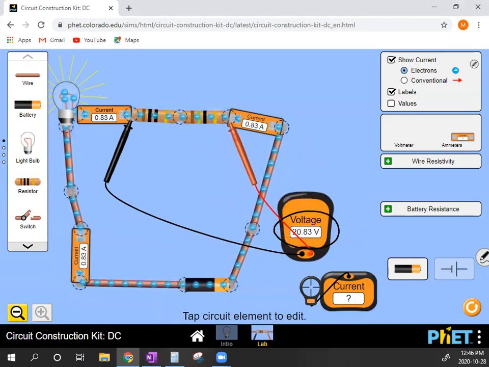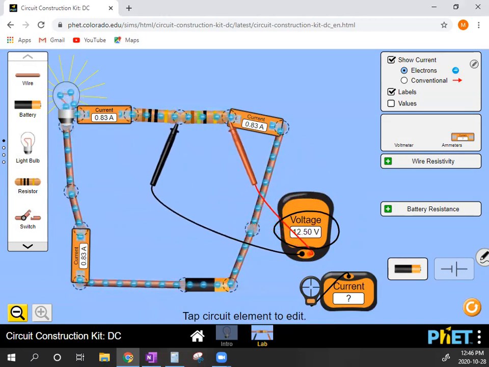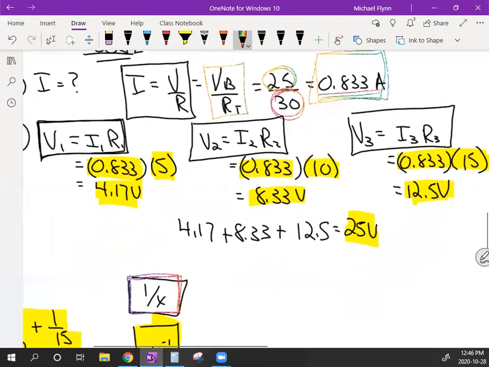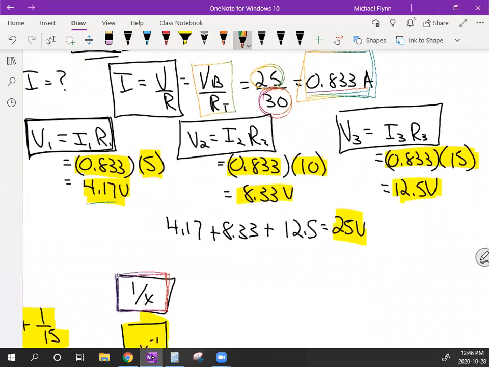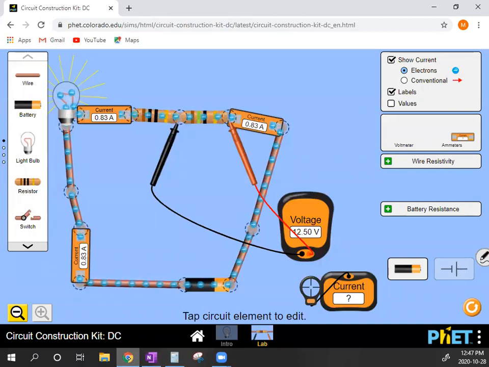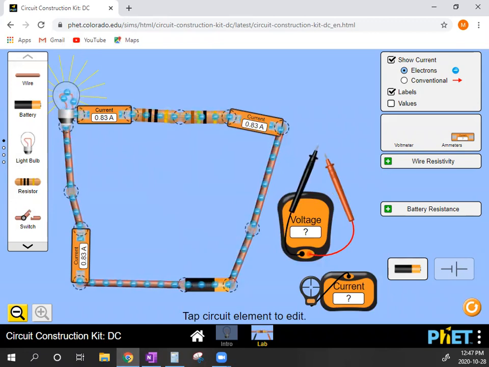And finally, let's check the 15 ohm resistor. I get 12.5. Now, if you go back to our notes, it's exactly what we got: 4.17, 8.33, and 12.5. Works out perfect because we're doing everything right, okay? So everything worked perfectly and we figured it out.